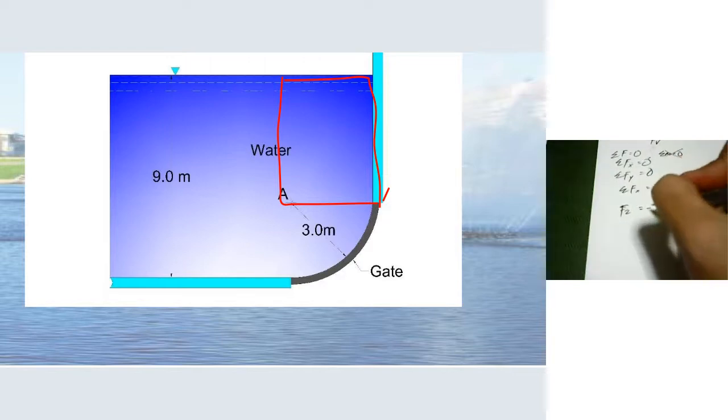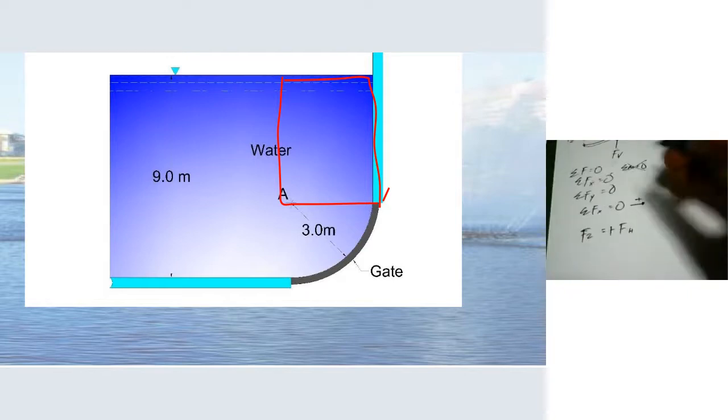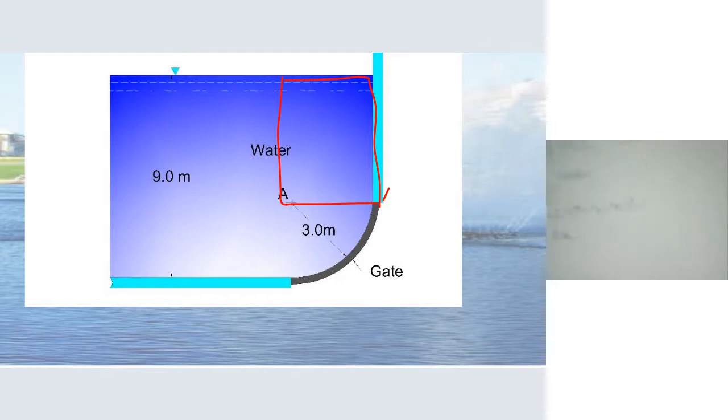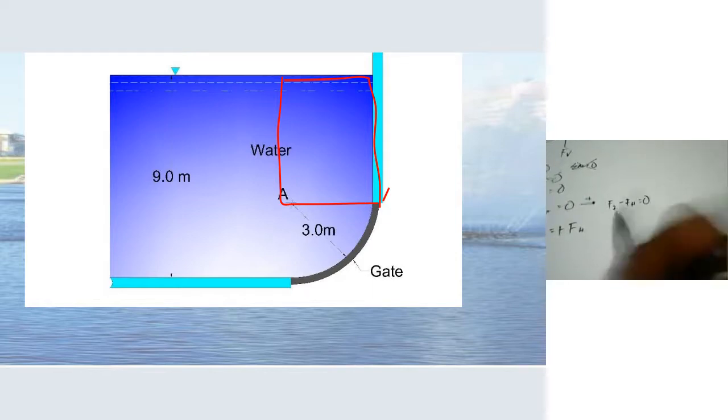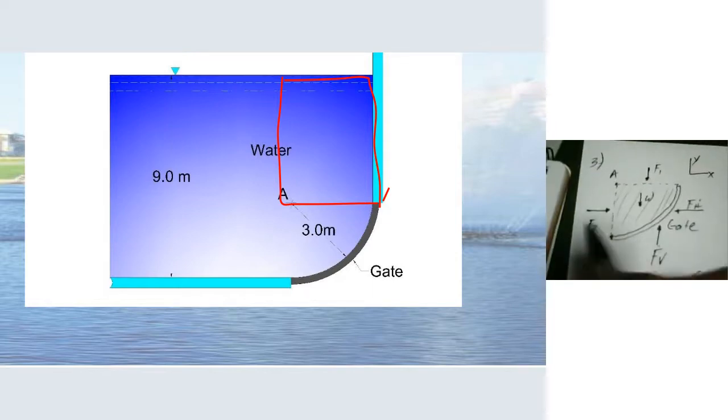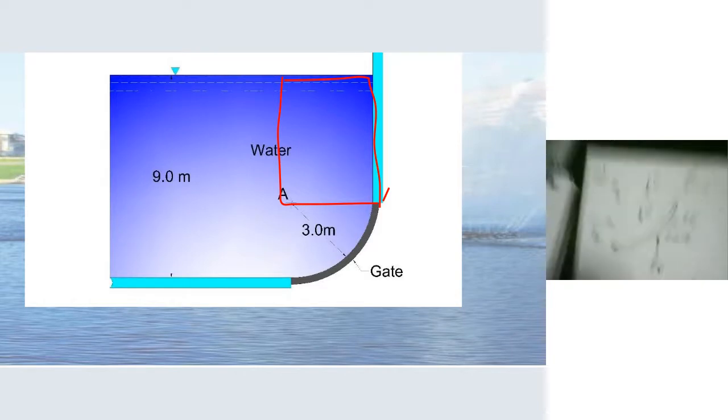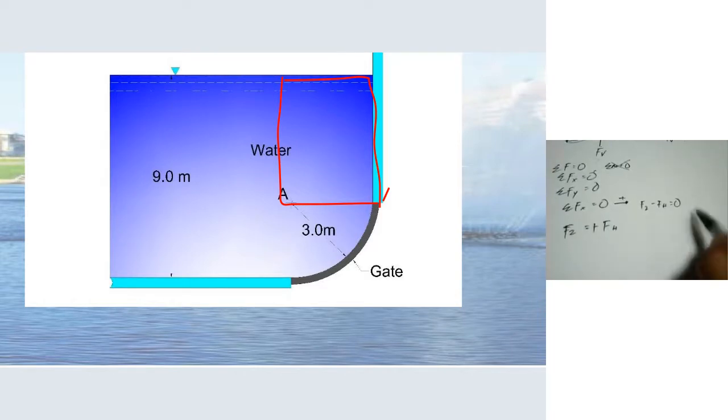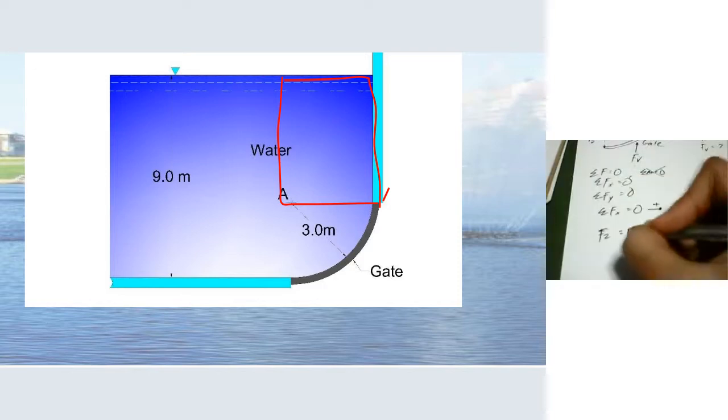Or sorry, equals positive F sub h because this will come from F sub 2 minus F sub h equals 0. Okay, because F sub 2 is going to the right, F sub h is going to the left. So this will be the equation, and then if you transpose this on the other side, it will become this.